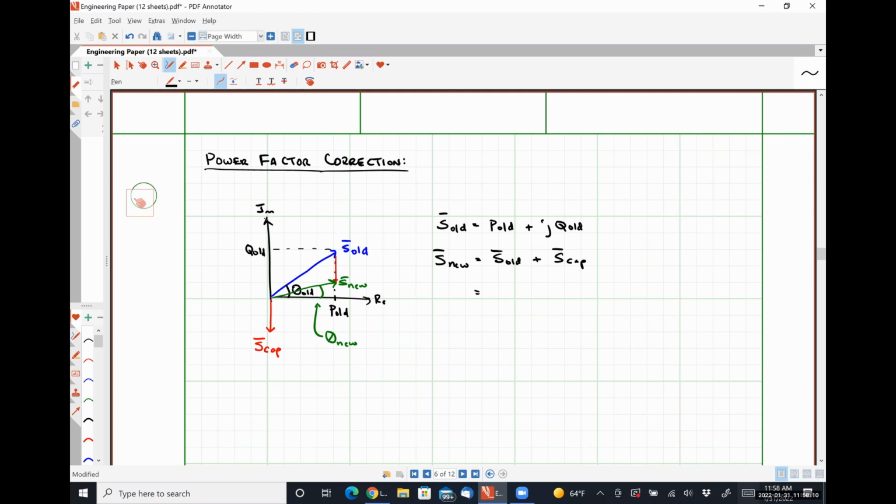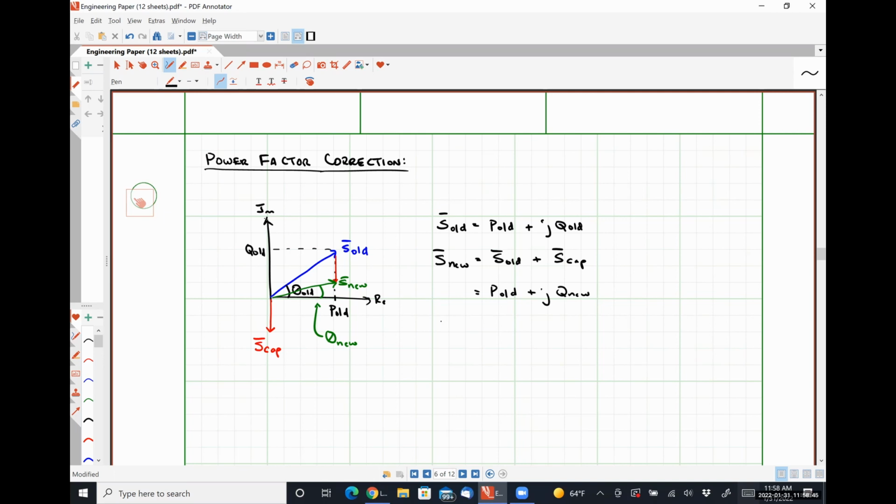Which can be written as P old, because the amount of average power absorbed by our load does not change, plus jQ new. Okay.